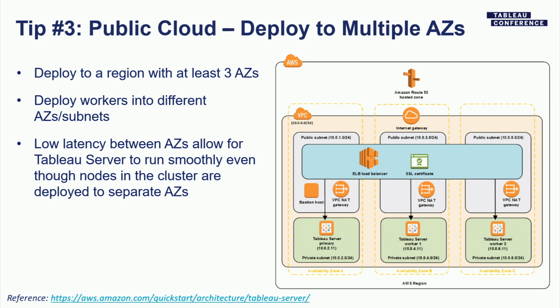It is a similar concept to deploying to at least 3 machines, but since cloud providers guarantee availability by availability zones, you want these 3 machines to be in different availability zones. Since availability zones have low latency network between them, the Tableau Server will work just fine, even though we generally don't recommend deploying to multiple subnets, and this is effectively this. Cloud providers guarantee that it will work fine.